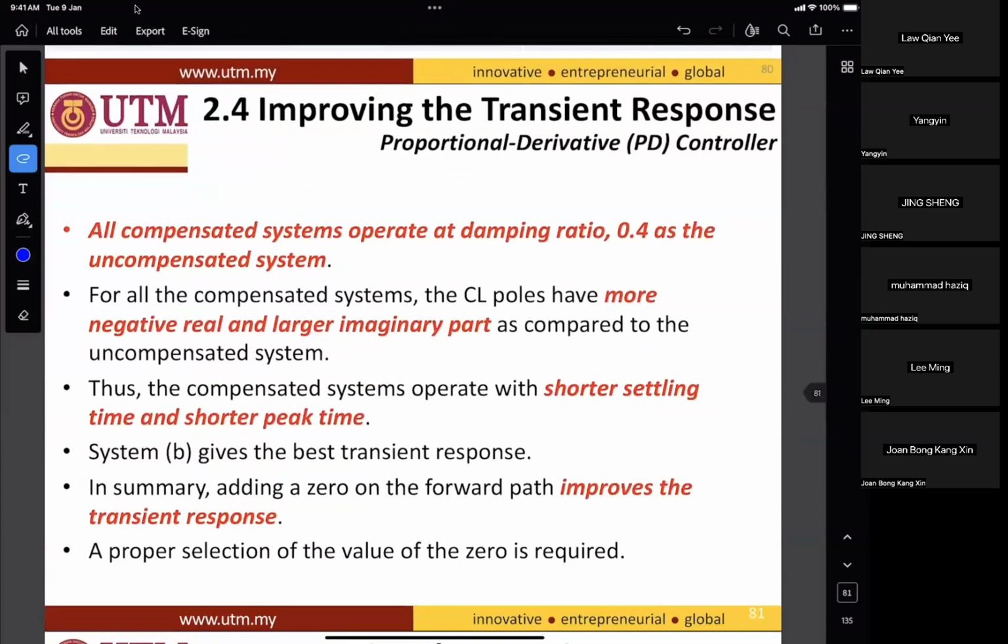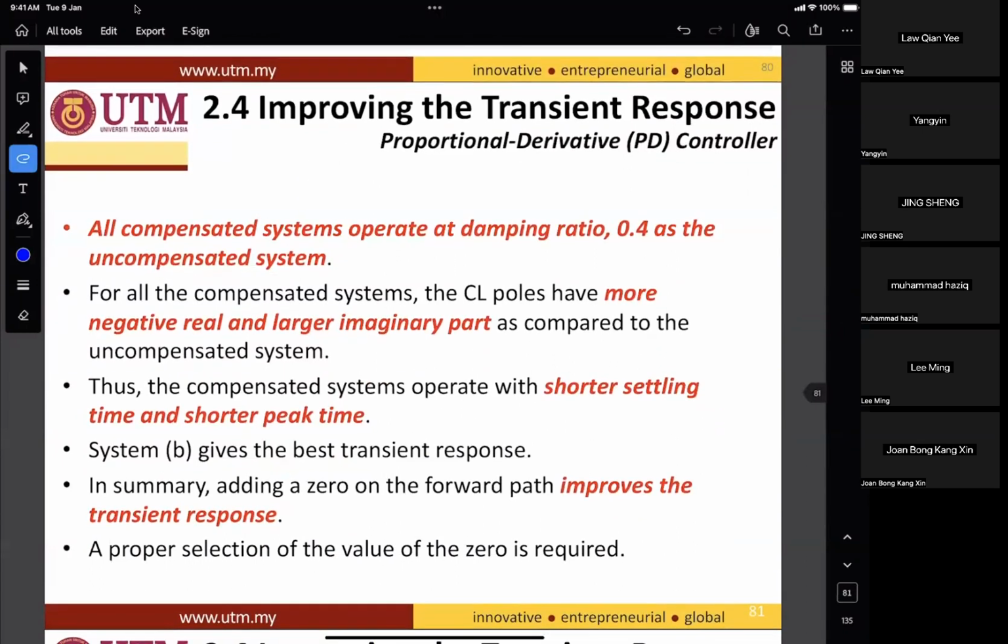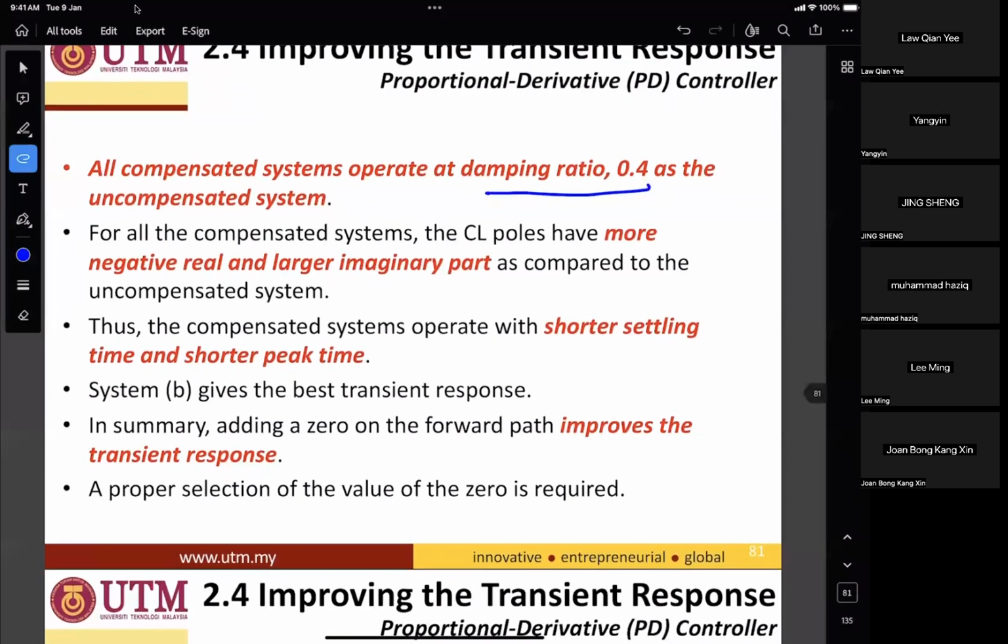All compensated systems operate at a damping ratio of 0.4, the same as the uncompensated system. For all the compensated systems, the closed loop poles have more negative real and larger imaginary parts. Thus, after design, the settling time and peak time are shorter. In summary, adding a zero on the forward path improves the transient response.